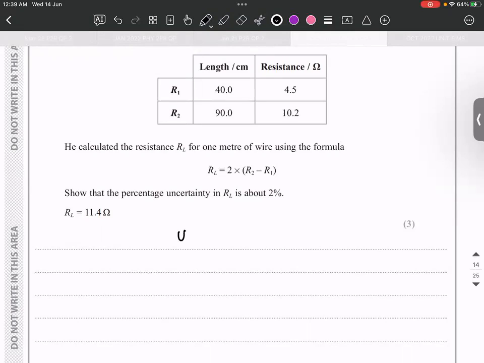So the uncertainty in RL is equal to 2 times the uncertainty in R2 minus uncertainty in R1. Is it minus or plus? Even if it is plus or minus, we should add together. That is the rule.